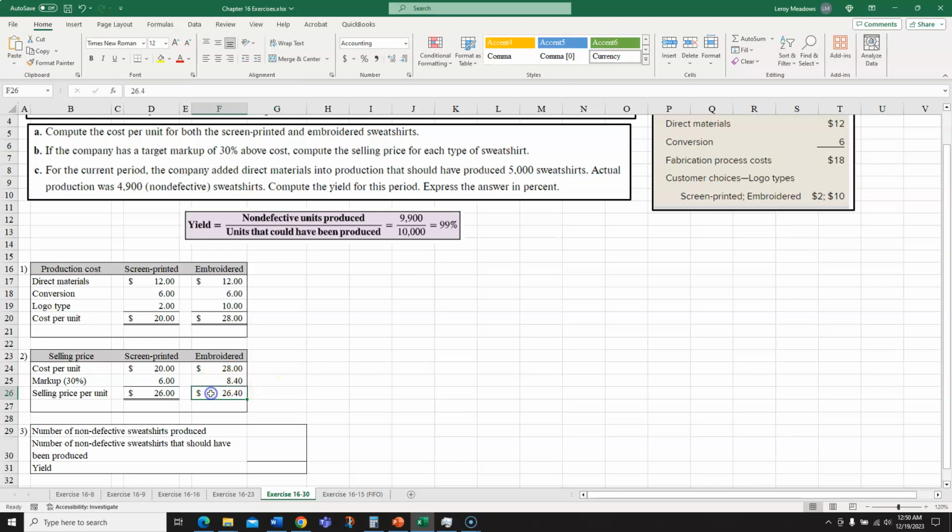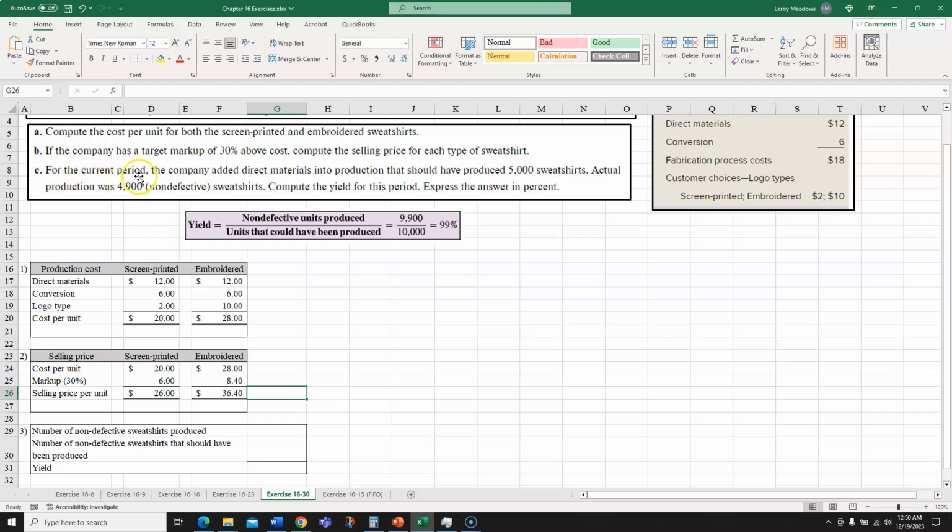I'm sorry, $36.40. I need to learn how to add in my head. It never fails. As soon as I get away from that calculator, it goes downhill. Okay, so the screen printed shirt will sell for $26. The embroidered sweatshirt will sell for $36.40.